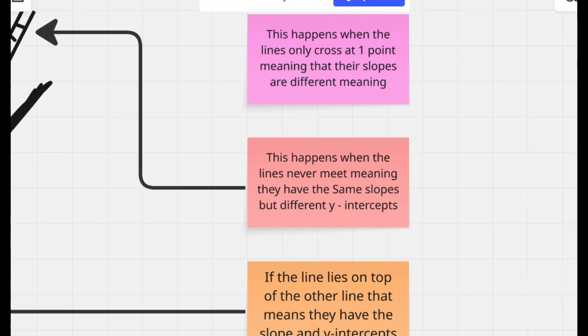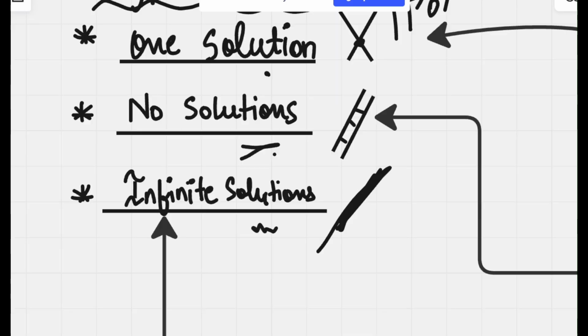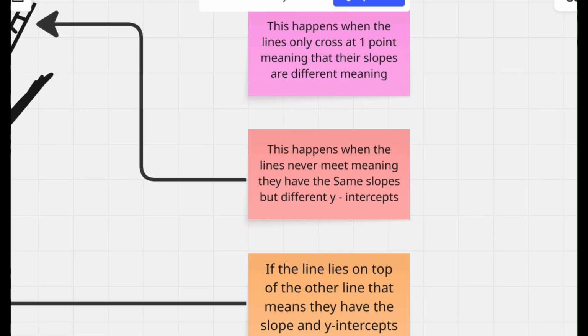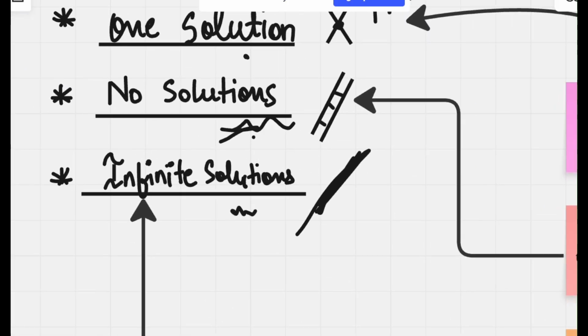So, just to provide you with a bit of a recap. When does one solution happen? One solution happens when the lines only cross at one point, meaning that their slopes, this word is very important, are different. What do we mean by no solutions?